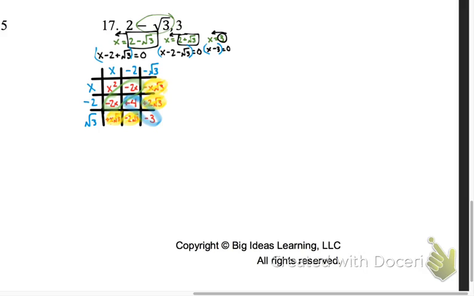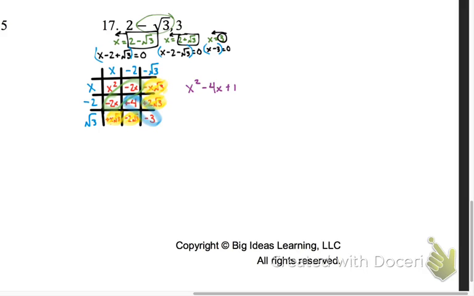So what am I left with? I'm left with x squared minus 4x minus 3. Nope, 7, I'm sorry, or 1, excuse me. Just looked at the wrong one. Positive 1.